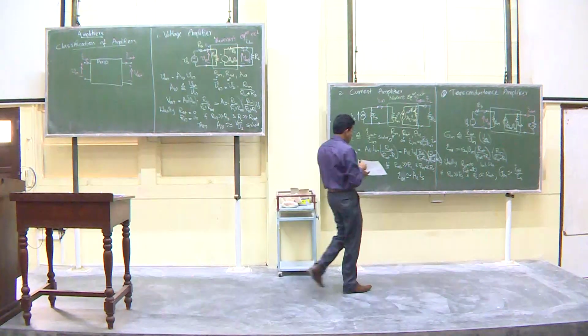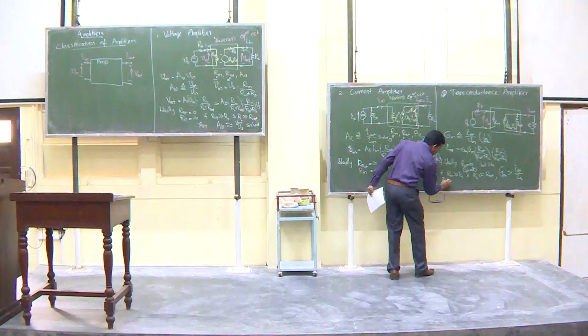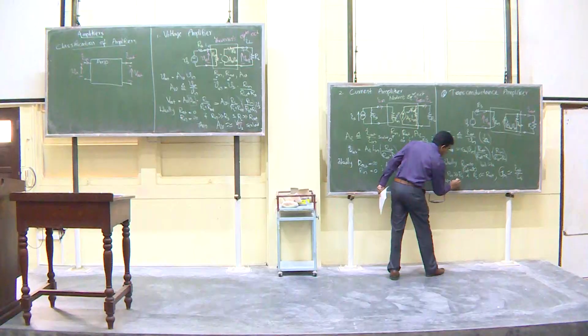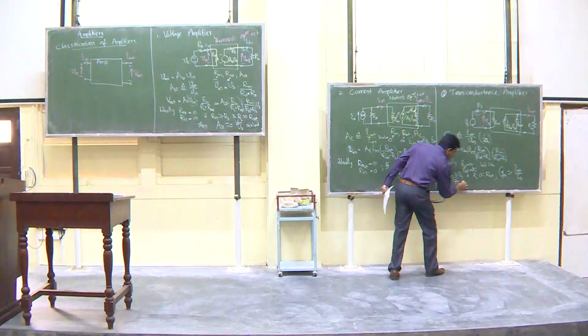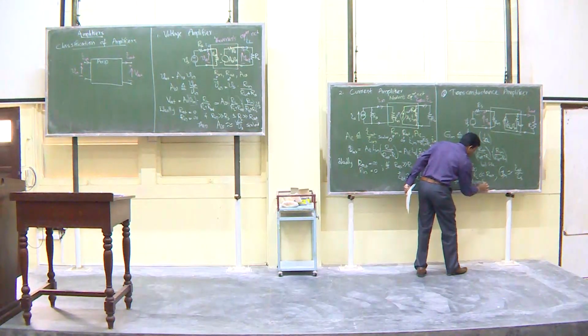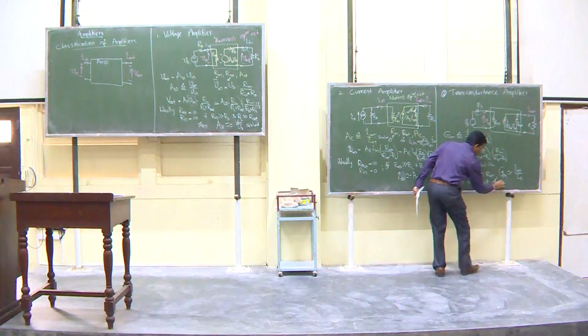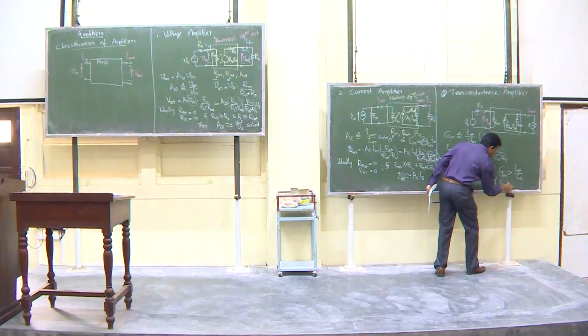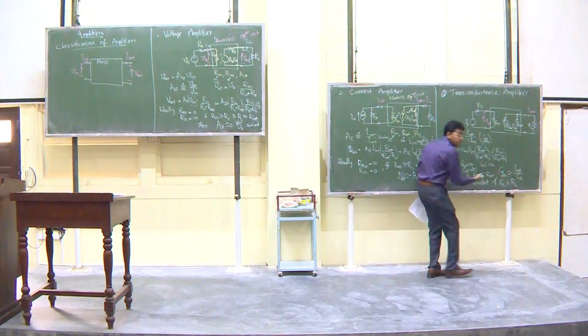Under this condition, GM is independent of RS and RL. These are external things that we don't have.